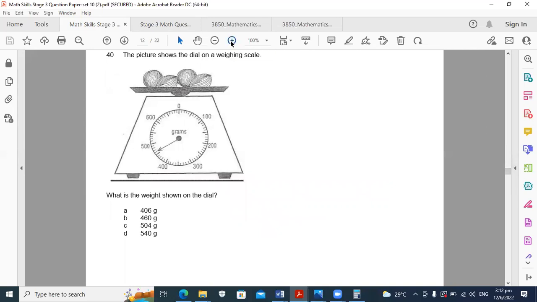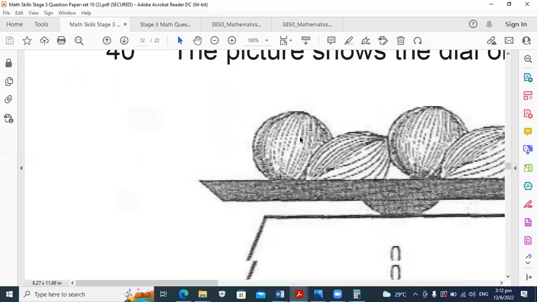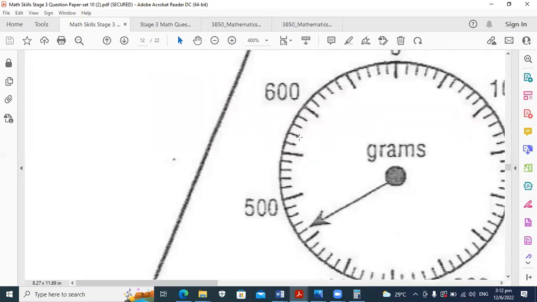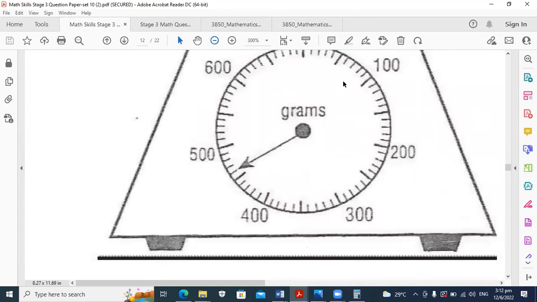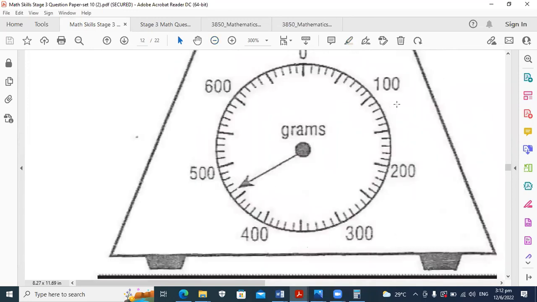What is the weight shown on a dial? So we can figure that one.